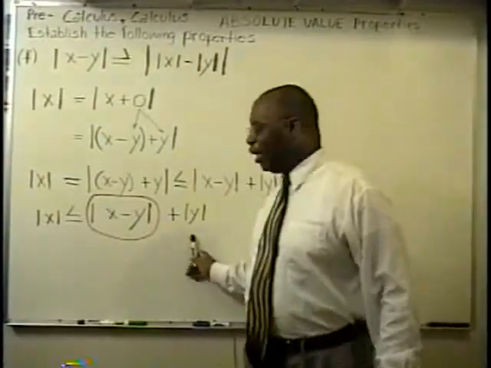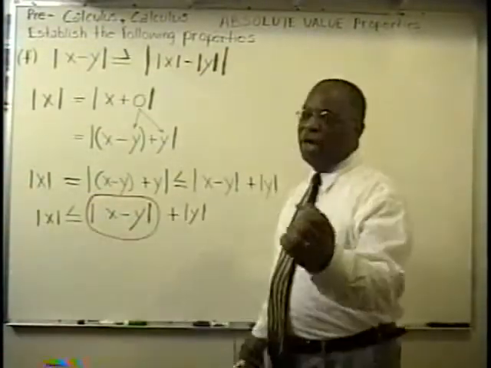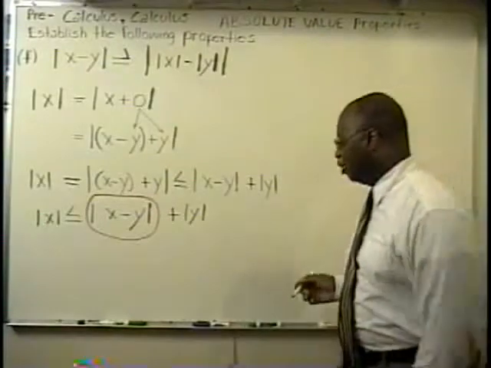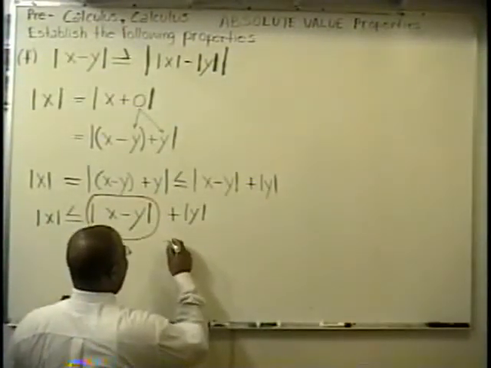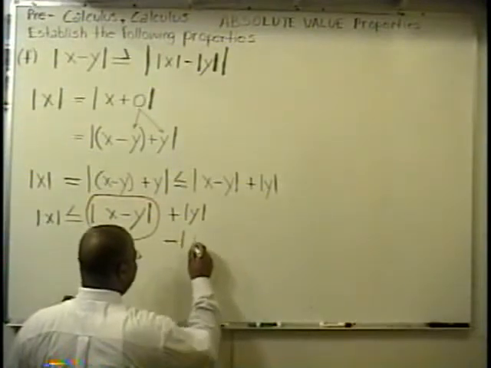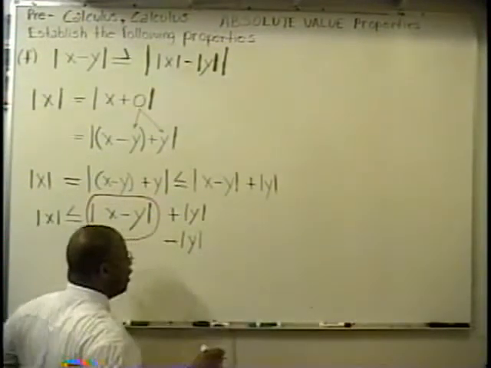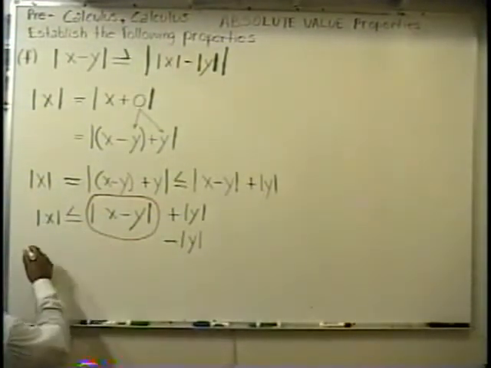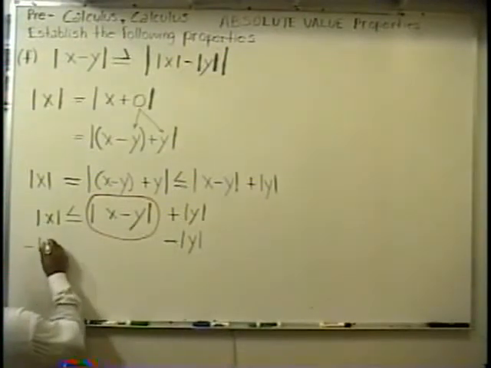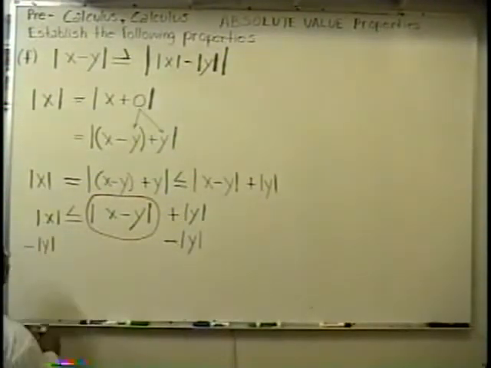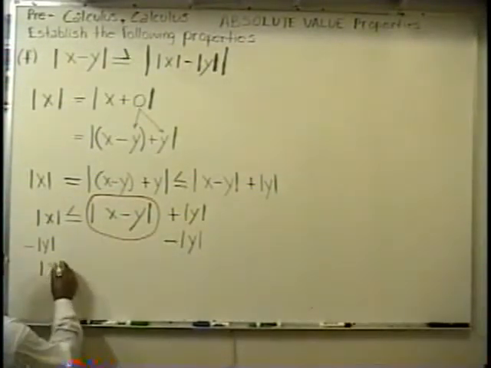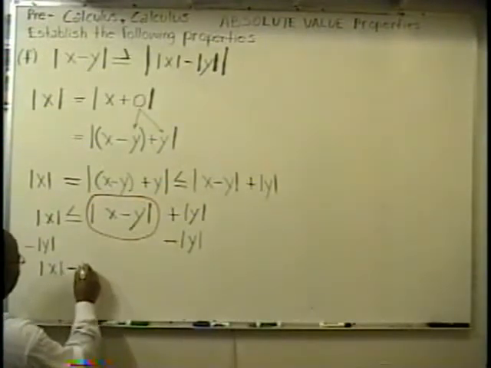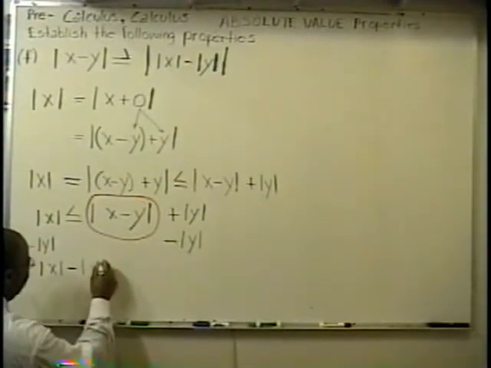Whatever I add to one side, I must add the same thing to the other so I do not change the problem. So now, using the additive inverse and the additive property of inequality, I have minus the absolute value of y, minus the absolute value of y. And now notice, I have the absolute value of x minus the absolute value of y.